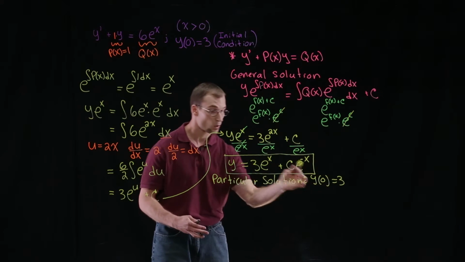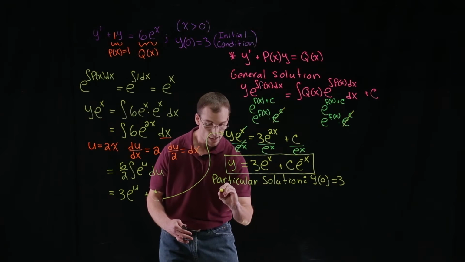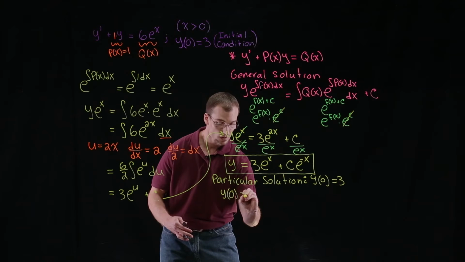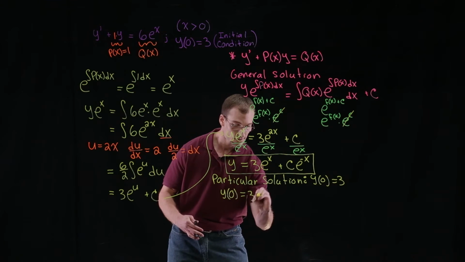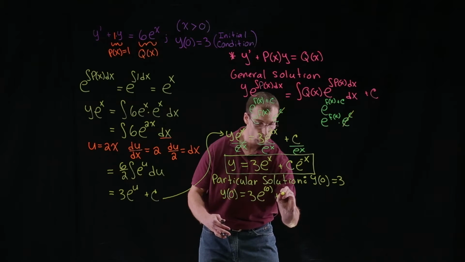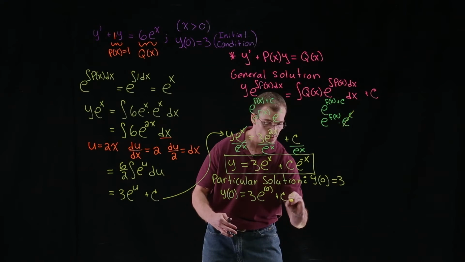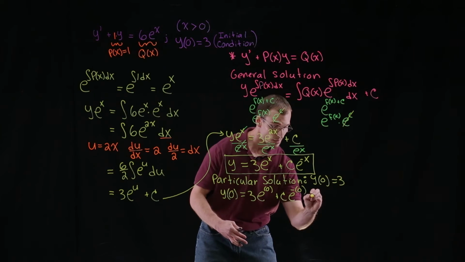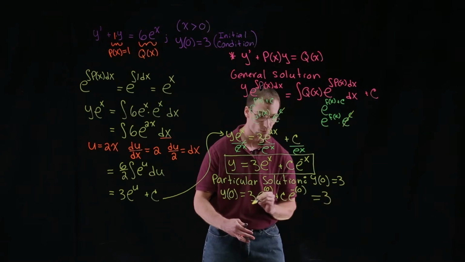Okay. Well, we're going to take this, and so what we have is that y(0) is equal to 3 times e to the 0 power plus c times e to the negative 0 power. And we know that is equal to the value 3.